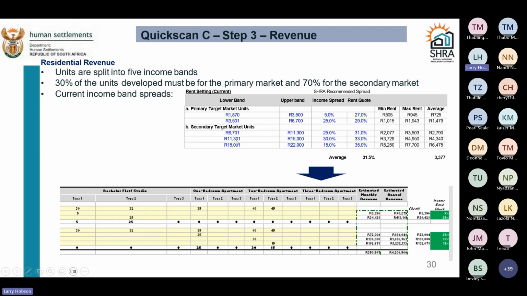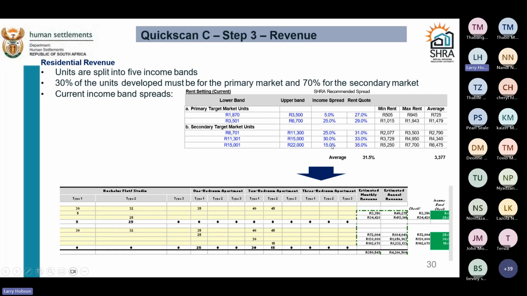Next band up is 11,301 to 15,000. 30% in that band. Rent quote can go up to 33% of income. Minimum 3729, maximum 4950, average 4340. Next band 15,000 to 22,000.